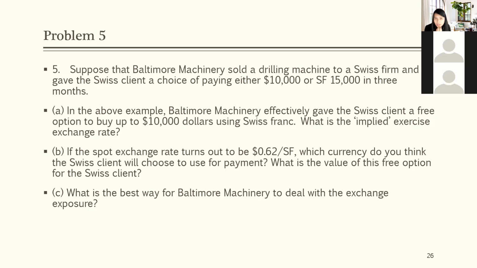So in this case, you've got an American company that gives their client a choice between paying in USD, $10,000, or paying in their own currency, which is Swiss francs, 15,000, okay, in 3 months' time. So essentially, the American company provides the Swiss company with a free option, okay? So you've got an option to choose your payment currency.